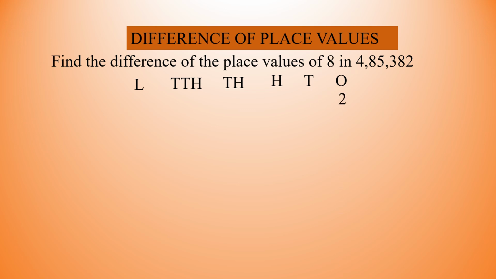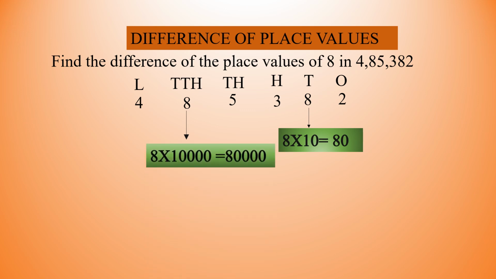So 2 will come first, then 8, then 3, then 5, then 8, and then 4. The place value of 8 in tens place is 8 multiplied by 10 is equal to 80. The place value of 8 in 10,000 place is 8 multiplied by 10,000 is equal to 80,000.